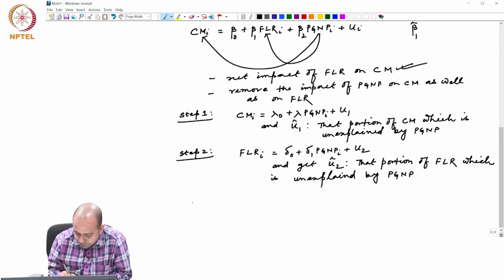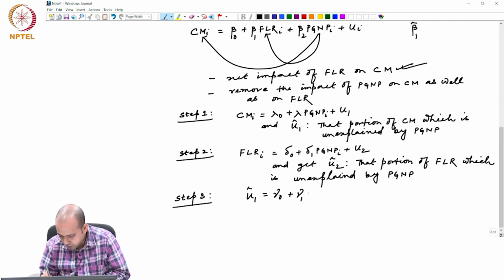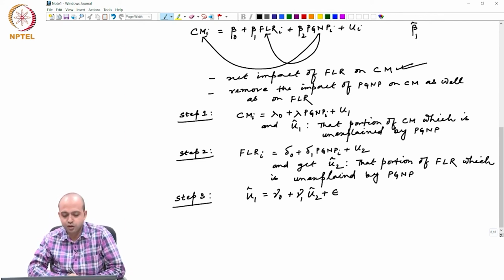And then in step 3, what we should do? We will run another regression of u1 hat equals to let us say gamma 0 plus gamma 1 u2 hat plus let us say epsilon. Okay.